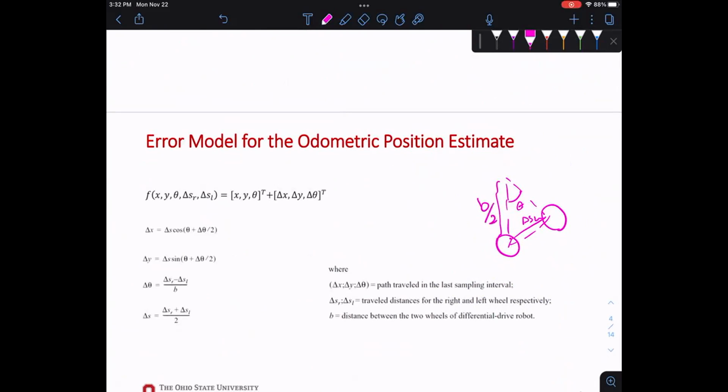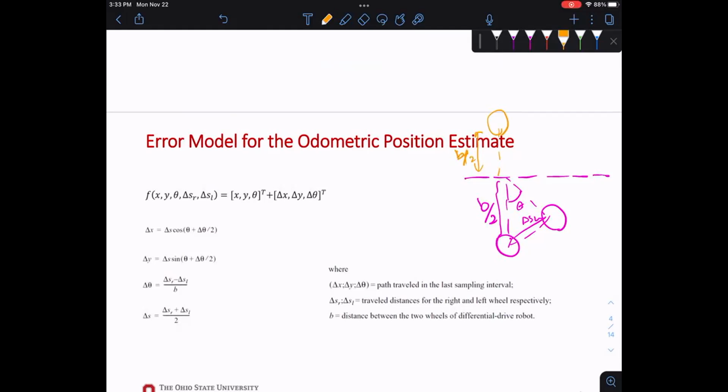So B divided by 2, this is the center of your axle. No, axle is not like that. Axle is the other way. So let's say you're gonna have the other wheel here, right? This will be another B/2.